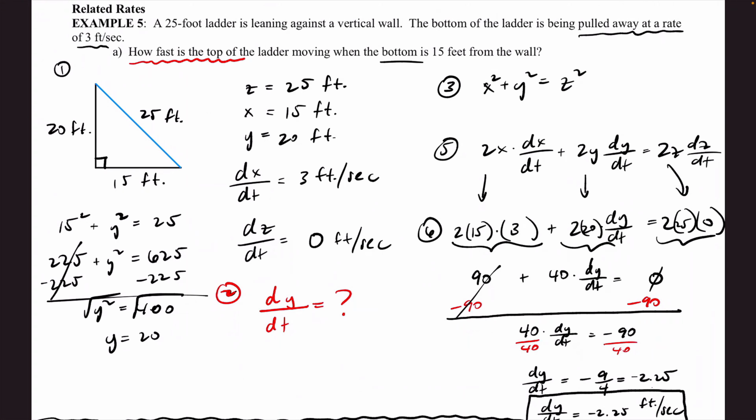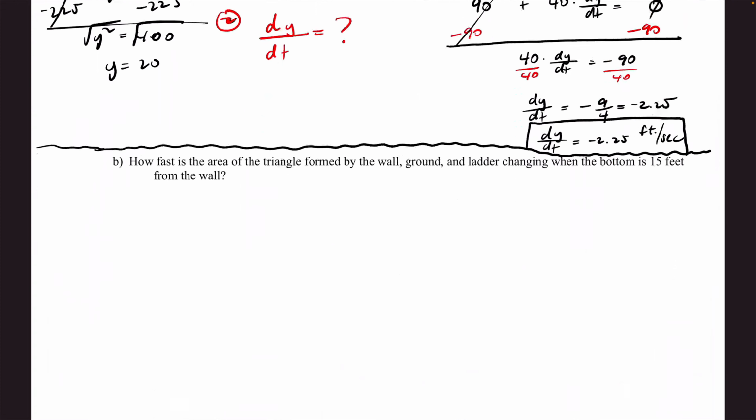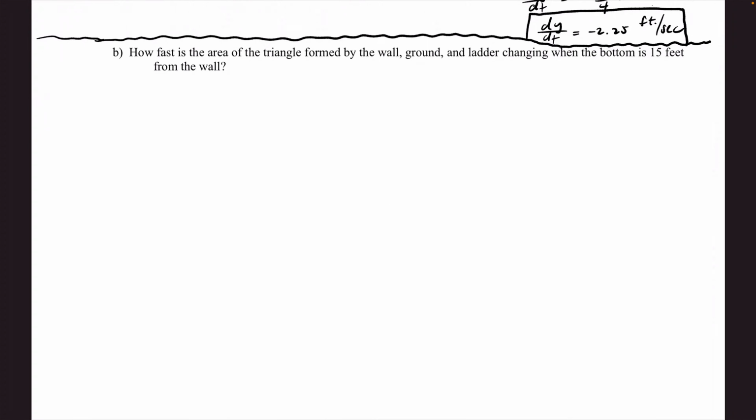All right. We got one more. The next one, we're not going to start this problem, but look at the next question. It talks about the same triangle, but now what's the key word there? Area.